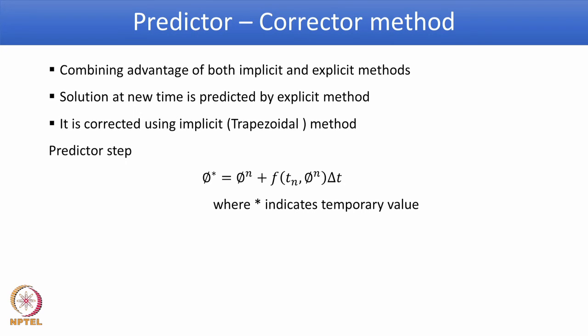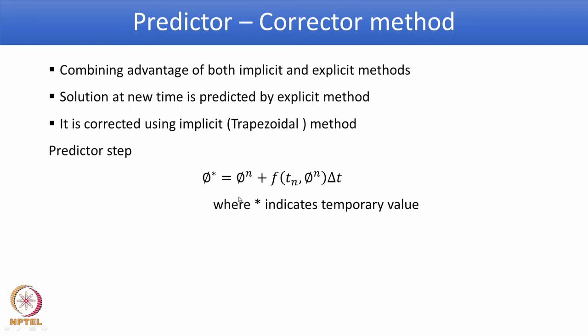because it is only predicted, it is not an exact value, we use a superscript star. So, phi star is phi of n plus f of t n, phi n, times delta t, and this we already know is a forward Euler or explicit scheme.